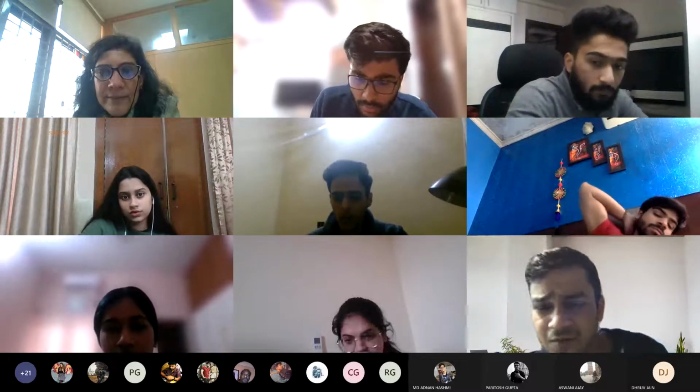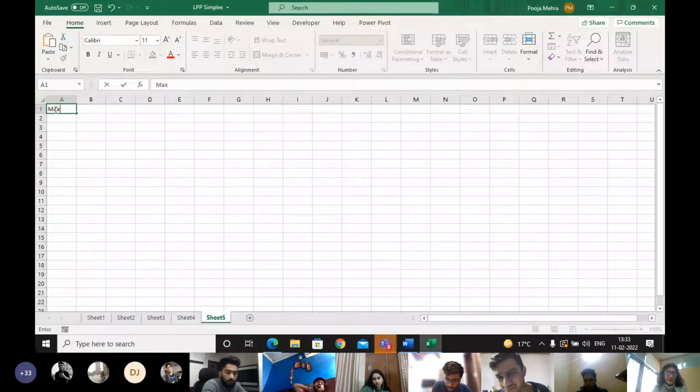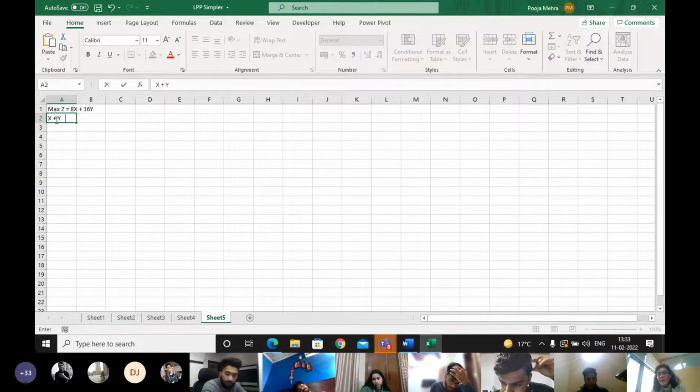Maximize Z is equal to 8x plus 16y. Next. Then the constraints are x plus y is less than or equal to 200. So if it is less than, then how do we need to frame the constraint?